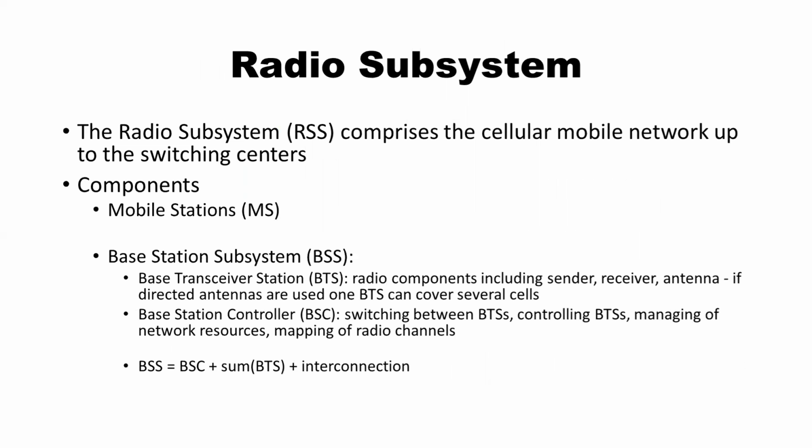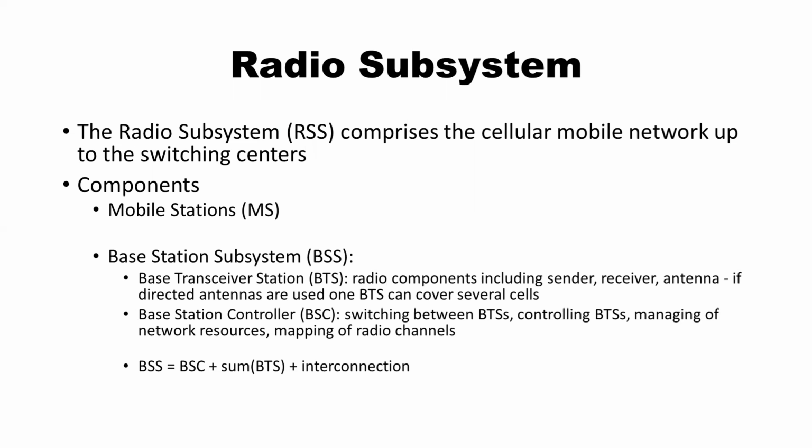Radio subsystem comprises the cellular mobile network up to the switching entity. Components: mobile station, base station subsystem, base transceiver station, radio components including sender, receiver and antenna. If directed antennas are used, one BTS can cover several cells.